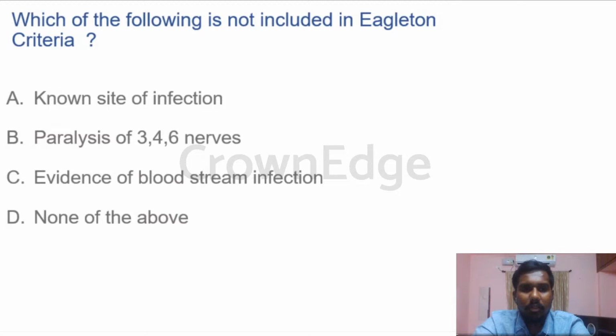So now see this question. Which of the following is not included in Eagleton criteria? Known site of infection A, B, paralysis of third, fourth, and sixth nerves, C, evidence of bloodstream infection, D, none of the above.